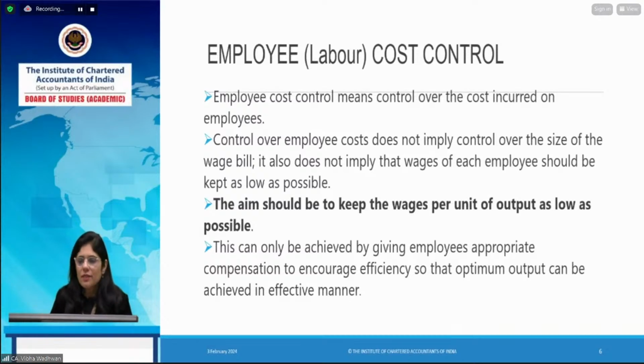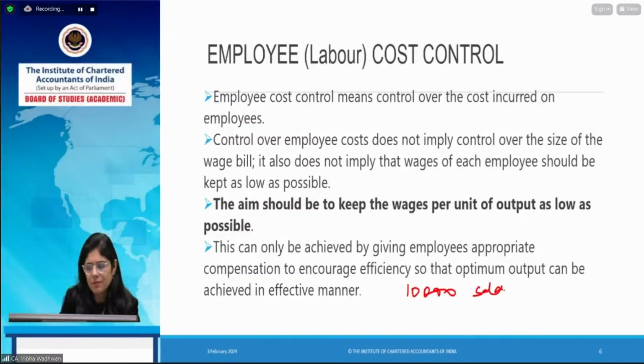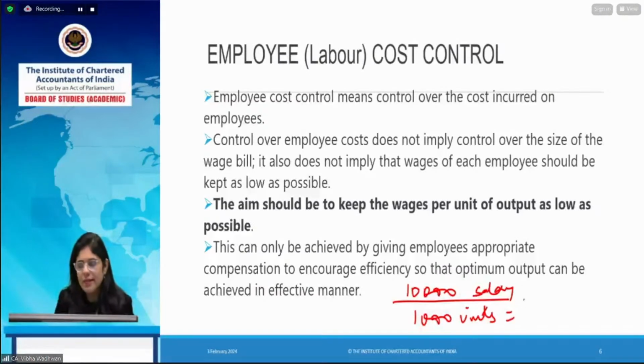Clear? So let us say we are paying 10,000 as salaries. Clear? And production is 1,000 units. All right. So the labor cost per unit is 10. But labor cost control does not mean that you reduce this.